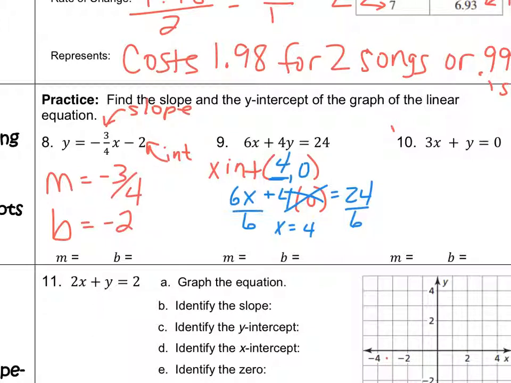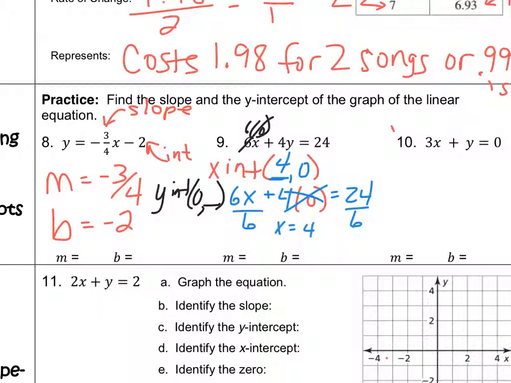Now I'm going to do the same thing for my y-intercept. So my y-intercept, I'm going to put it over here. Y-intercept is going to have a value for y. So I know my x is going to be 0. So again, I'm just going to do it right up here. And I know that 6 times 0 crosses out.